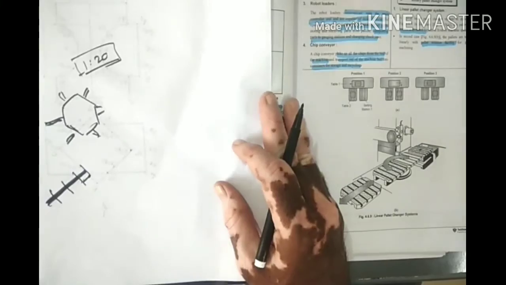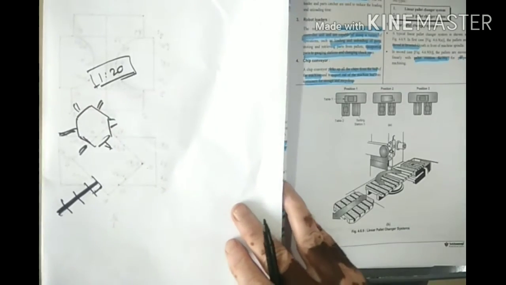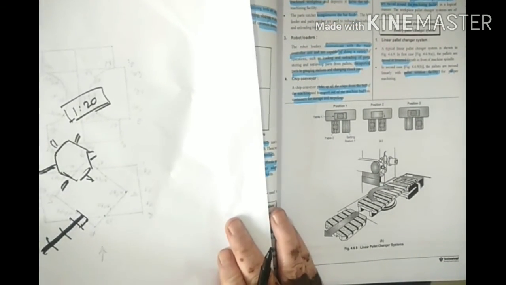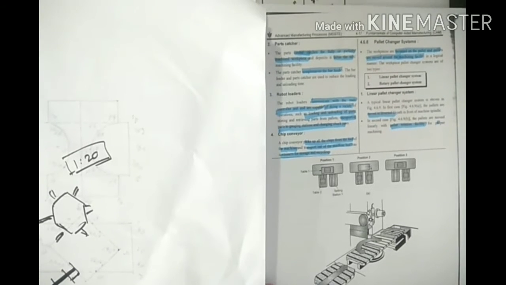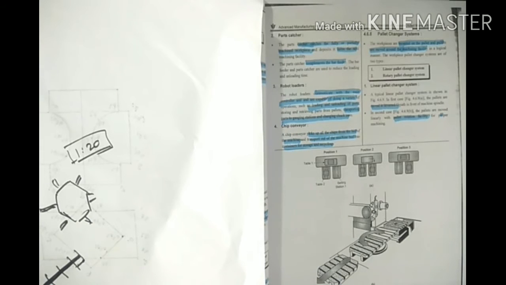Then part catcher. The second material handling device is the part catcher. The part catcher catches the fully or partially machined workpiece and deposits it on the next machining facility.